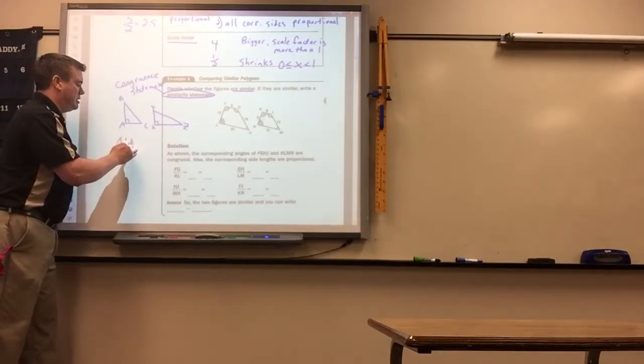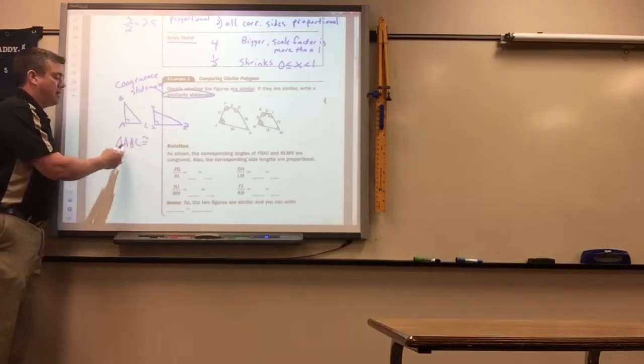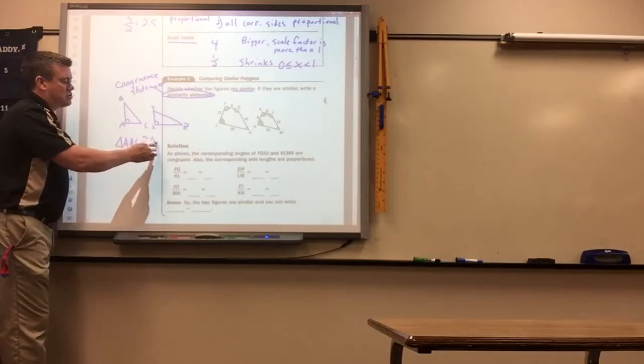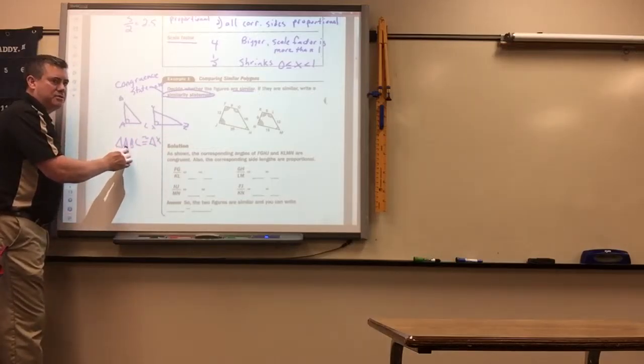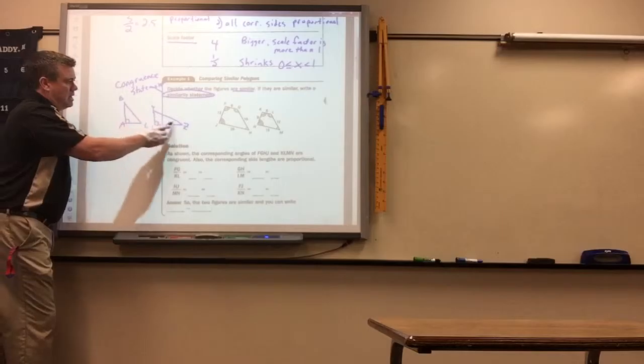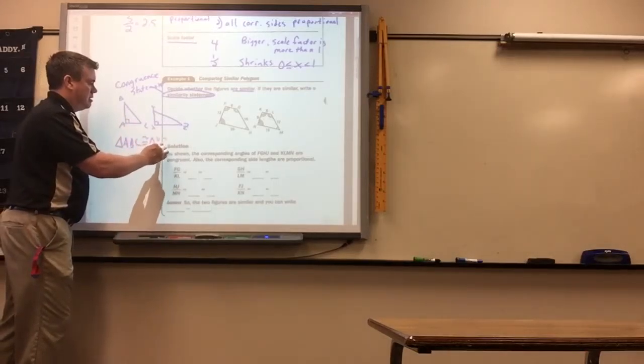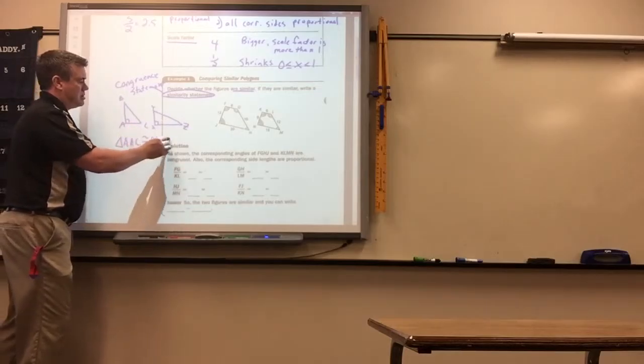Triangle ABC is congruent, and then you'd have to put them in the same order. A is the same as X, so I'd have to put X first since I put A first. B and Z would be the same, right? So I'd have to put Z, and then Y and C are the same.